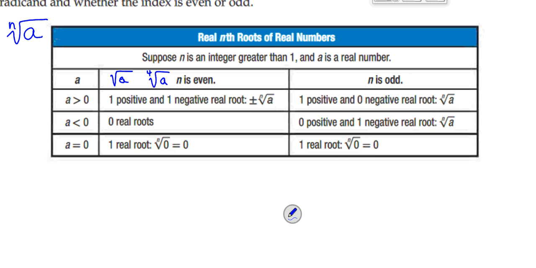Those are things you're familiar with. So if A is greater than 0, there can be one positive and one negative real root. If A is less than 0, there's no real root, right? In this case, it would be like the square root of negative 16, and that's not a real root.